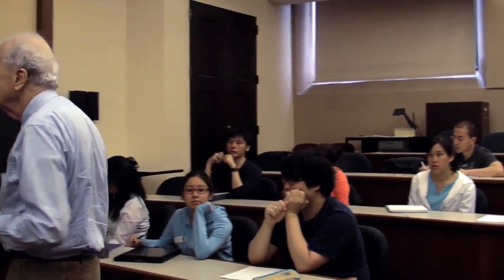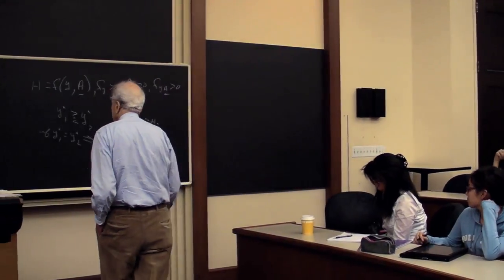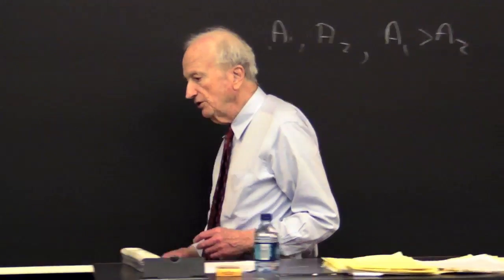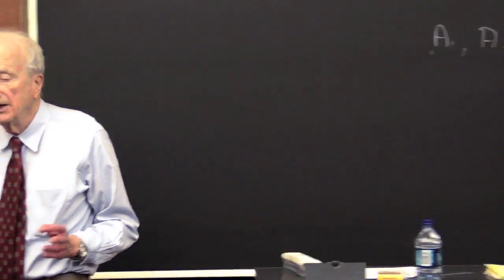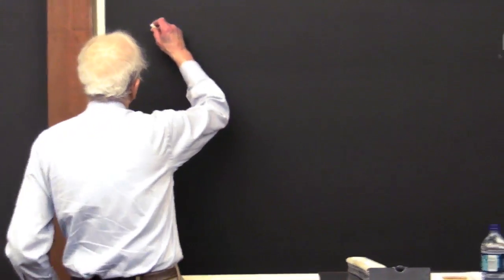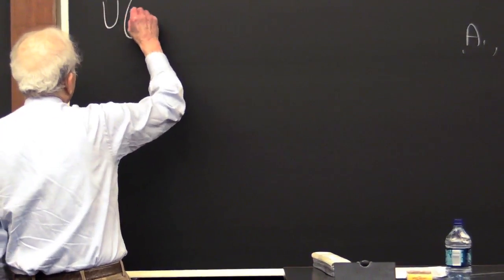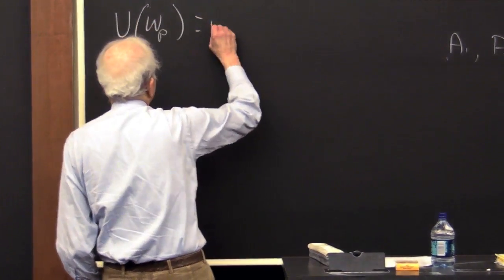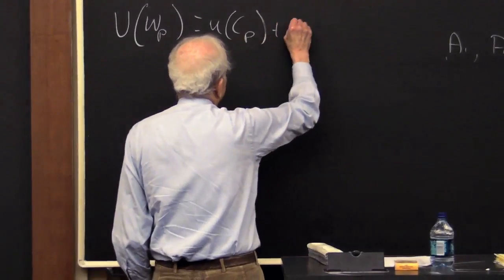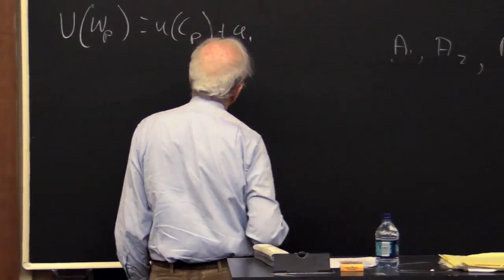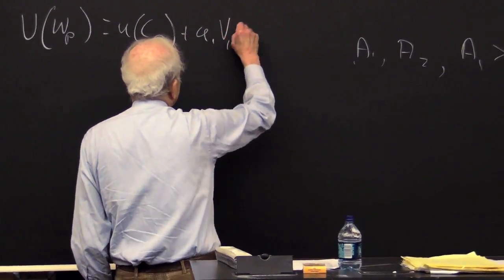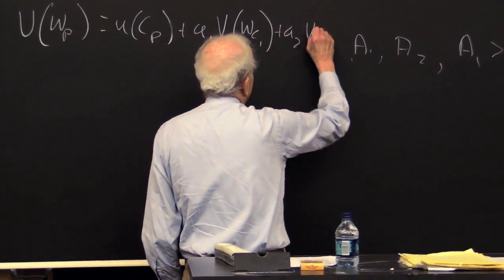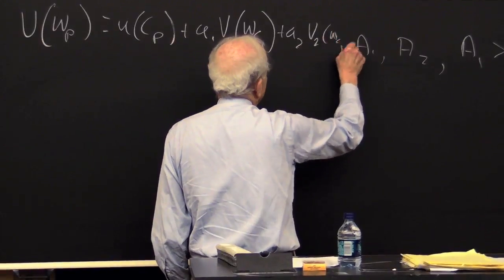Now to see that more clearly, very explicitly, let's write the parent's utility function. Now we've only had one child up until now. But a natural generalization of this utility function would be that U of the parent is equal to little u of the parent plus a1 v1 of wc1 plus a2 v2 of wc2, right?